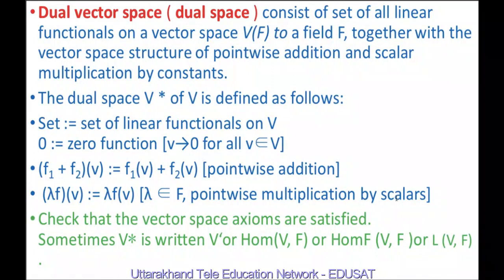One may verify that this dual vector space satisfies the axioms of a vector space as well. Sometimes we denote it by V star or V dash or Hom(V,F) or L(V,F).